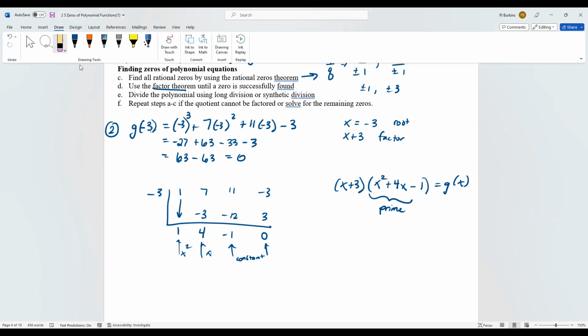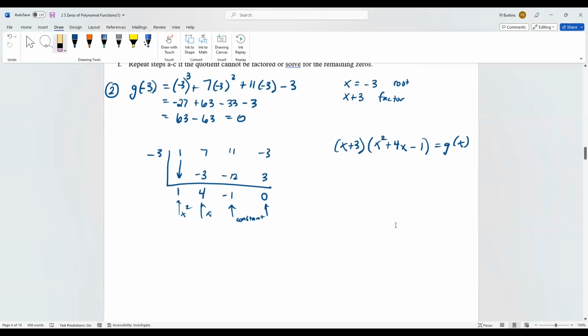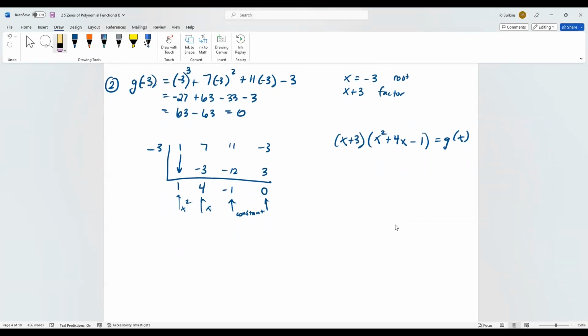We need to just use the quadratic formula. So when we get to the point where we have a quadratic factor that's left, we're going to either factor or use the quadratic formula. That's something that we've gone over, so let's use that to find our remaining factors.